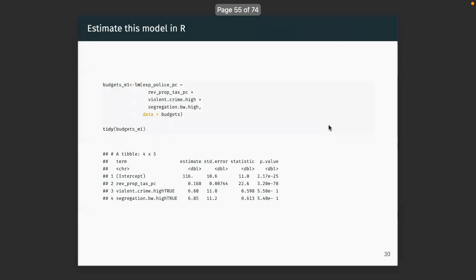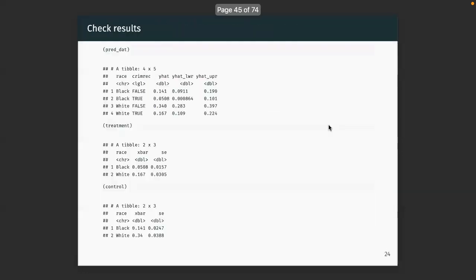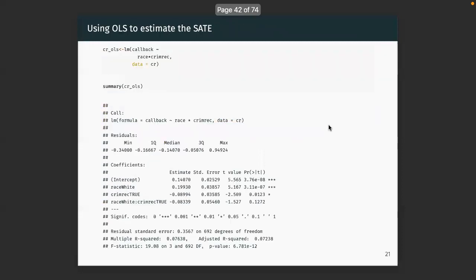Okay. But here's how we would estimate the model. Call it budget fit 1. Police spending per capita is a function of property tax revenue plus violent crime plus segregation. Okay. So tidy just gives me a nicer output. Tidy is a function you can use to give clean output of objects that are otherwise messy, like the regression output usually looks like this.